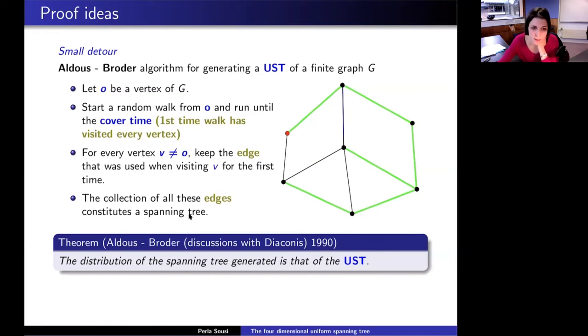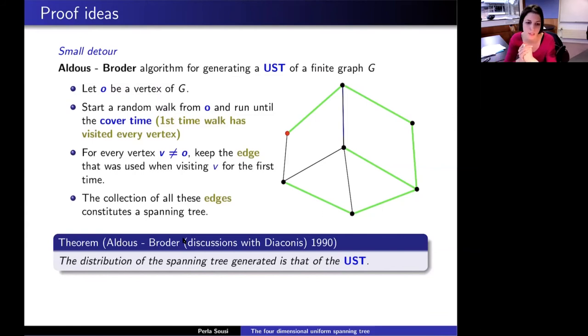This was proved by Aldous and Broder, and they both acknowledged discussions with Diaconis, because in order to prove it, they use a Markov chain introduced by Diaconis before, which is a Markov chain on the space of rooted trees. You have a tree with a designated root, and the Markov chain moves the root to a neighbor, then you add this edge, and then you have to delete an edge.